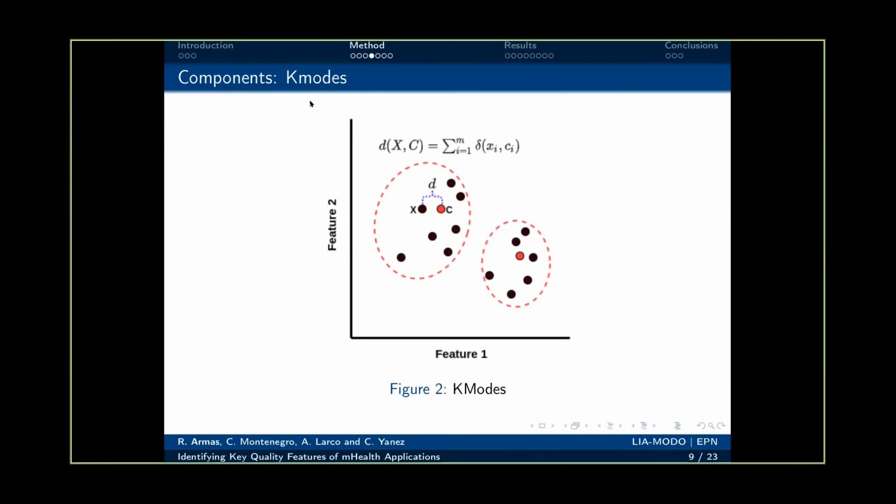The second component is the K-modes algorithm, which tries to find the best groups by measuring the distance between each element of the group and a proposed center. The algorithm measures that distance and tries to group those elements.